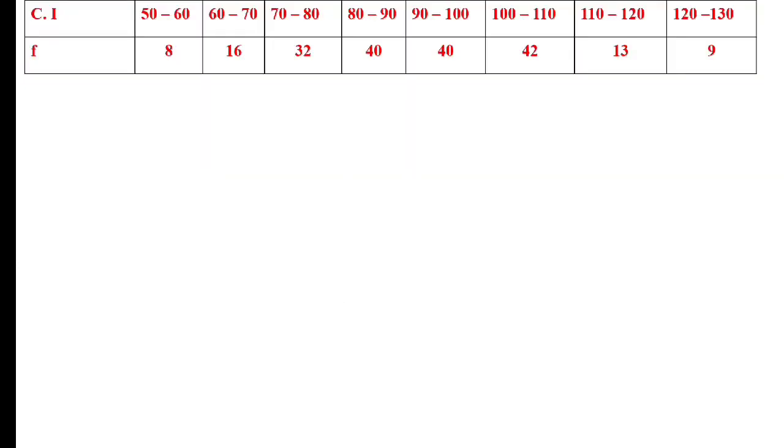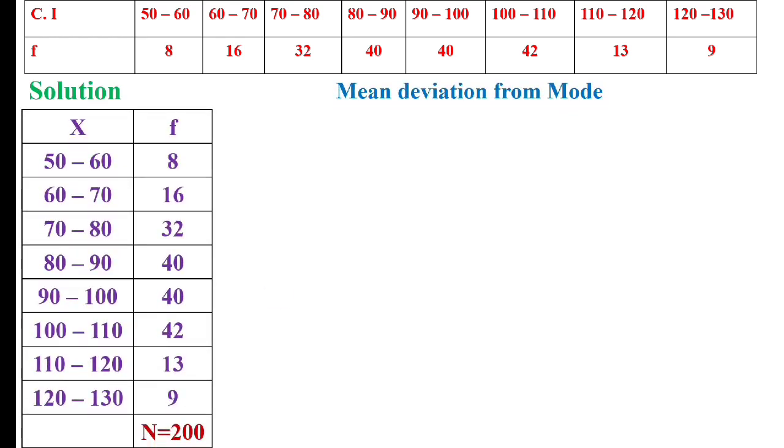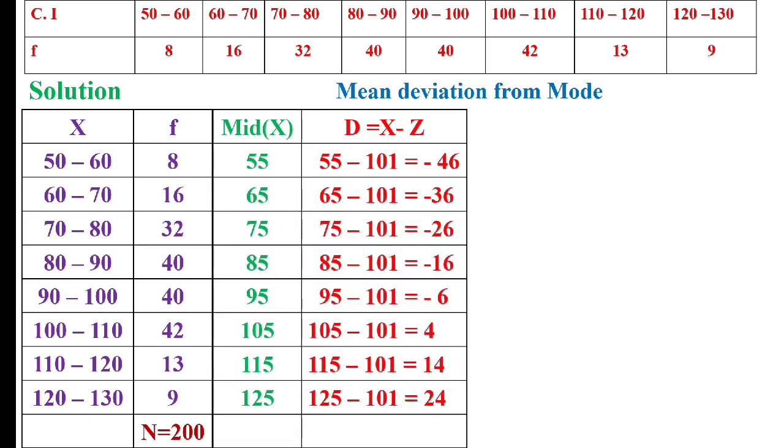Now deviations D: 55 minus 101 is minus 46, 65 minus 101 is minus 36, 75 minus 101 is minus 26, 85 minus 101 is minus 16, 95 minus 101 is minus 6, 105 minus 101 is 4, 115 minus 101 equals 14, 125 minus 101 equals 24.